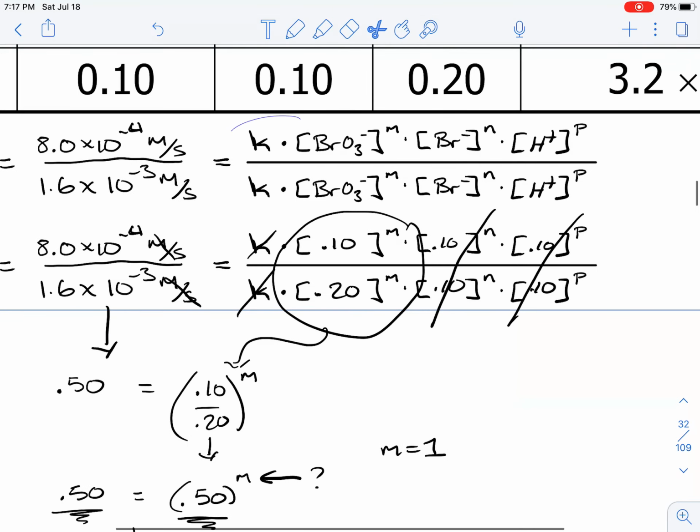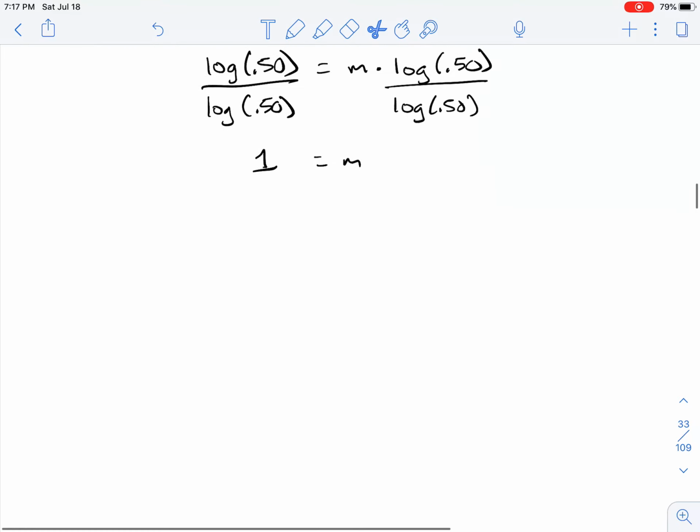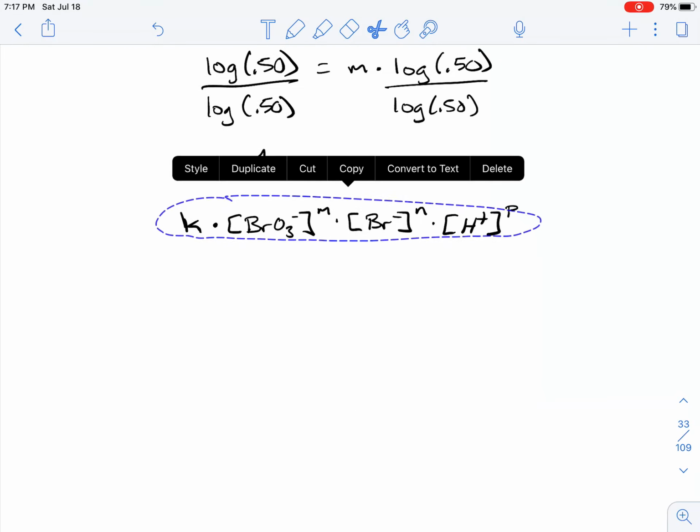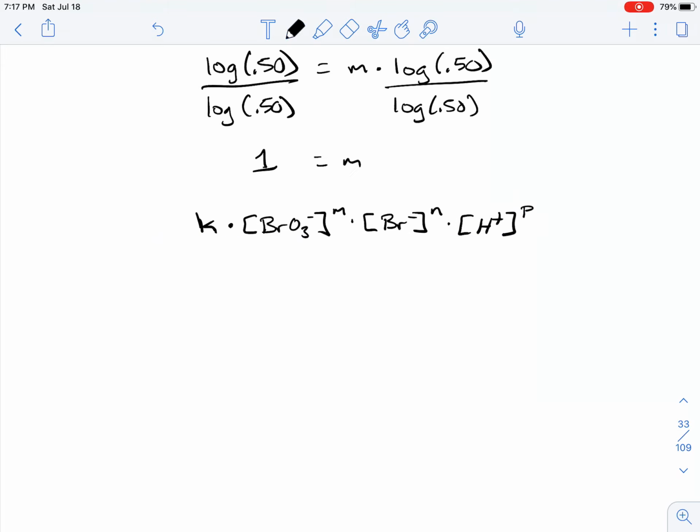And so I can go ahead and update my rate law. I'm just going to go ahead and copy this section, such that the rate of the reaction at 30 degrees Celsius is equal to the rate constant K times the concentration of bromate raised to the first power.